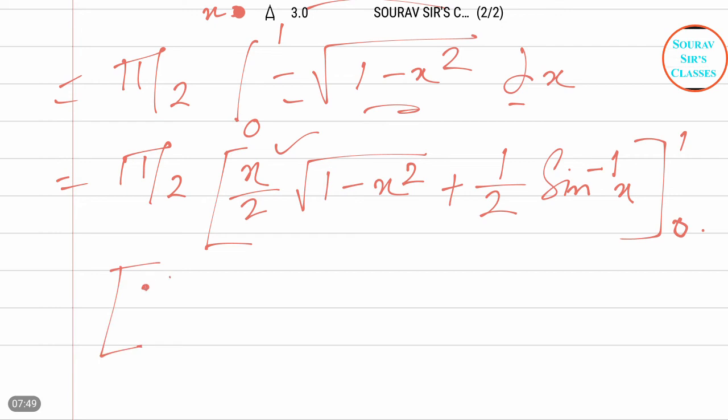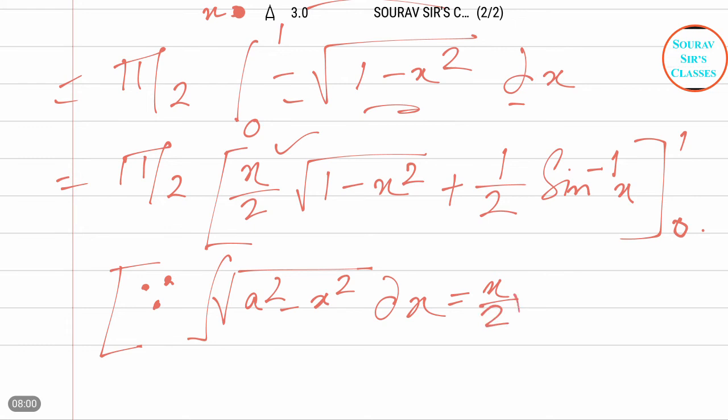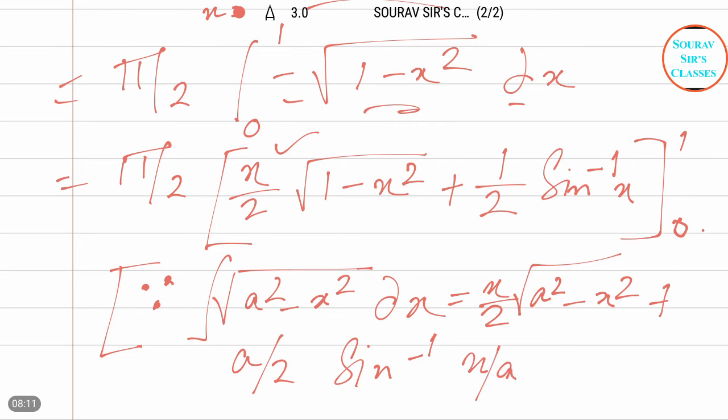This is because we know that integration of root over a square minus x square dx is equal to x by 2 root over a square minus x square plus a square by 2 sine inverse of x by a.